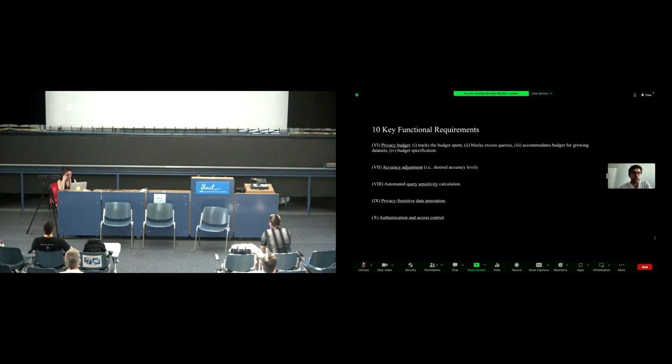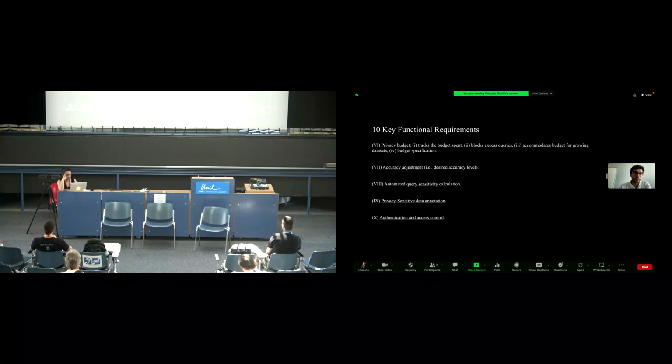We also have to consider the privacy budget in the design of these tools, because at some point you should curtail the privacy budget when an analyst exceeds it. Entering an accuracy adjustment in the beginning instead of an epsilon would also benefit many analysts.